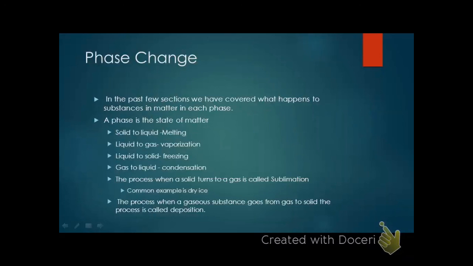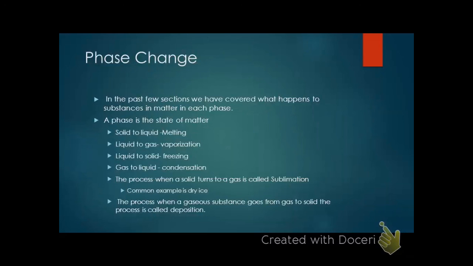Now, the two that are brand new in this case are sublimation, which some of you may have known already, and others it may be brand new. This is the process where a solid turns directly into a gas without going to a liquid first. One of the good examples for this would be the use of dry ice. Second, the process where a substance goes directly from a gas to a solid, and this is a very rare one.